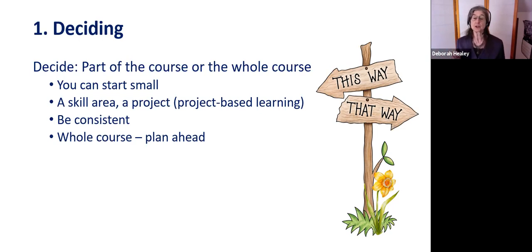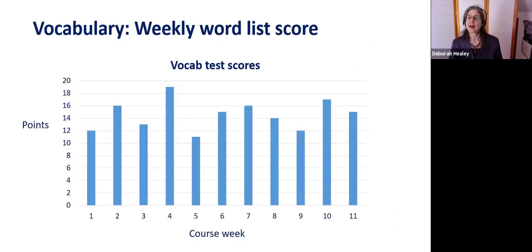You can also choose to gamify a project-based learning element of your class, or you can do the whole course. If you're doing the whole course, or any aspect of this really, you'll need to plan ahead. So planning is important.